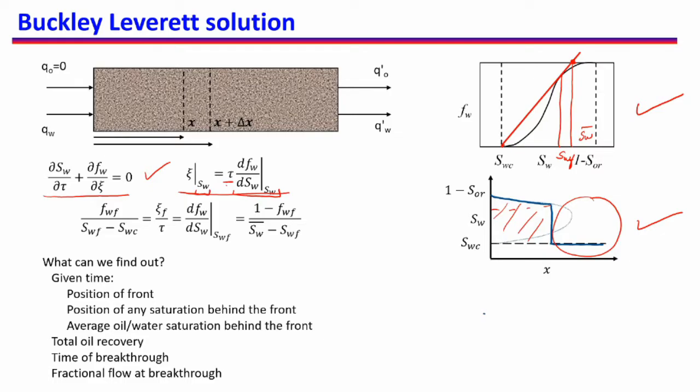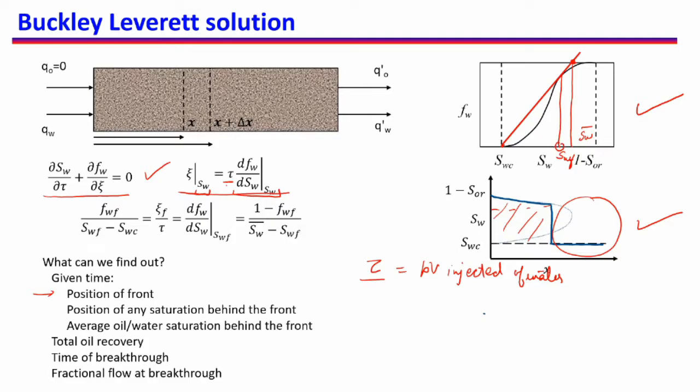So if we are given a time tau, or we are given the pore volume of water injected, then we can find the position of the front. How? We can find a chord that is also a tangent, and using that we can find SWF.